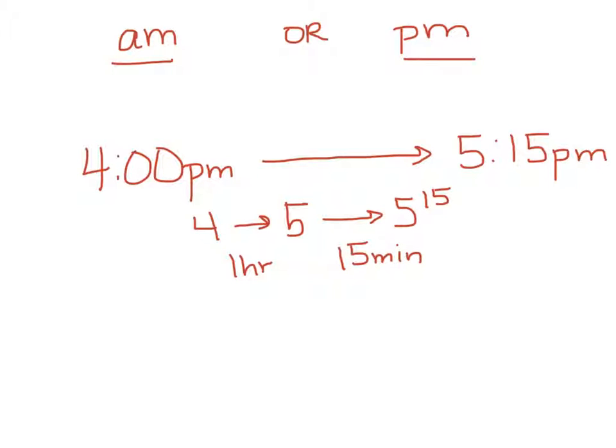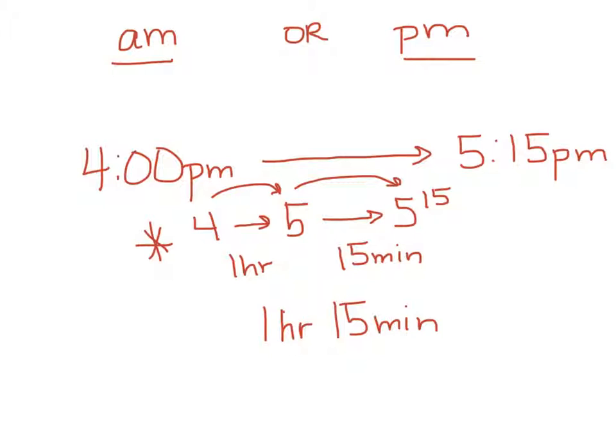So I know my time total is 1 hour and 15 minutes is my elapsed time. If you can think about it in terms of 4 to 5 and then 5 to 5:15, that will make it easier for you to figure out elapsed time.